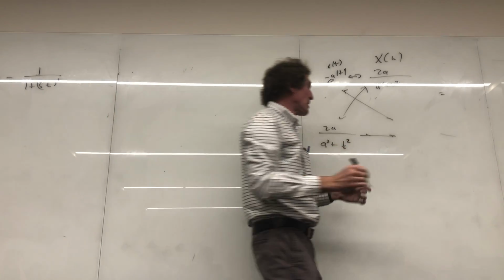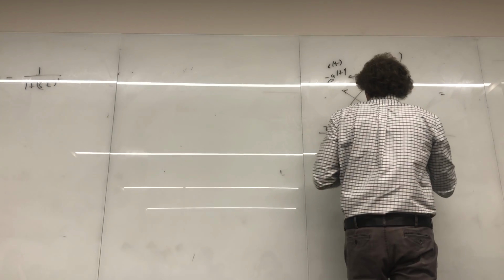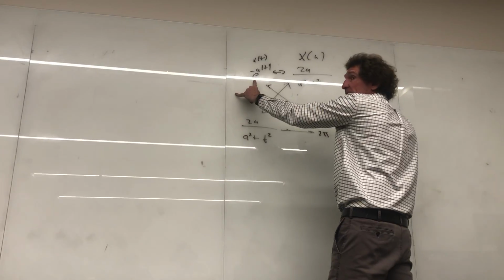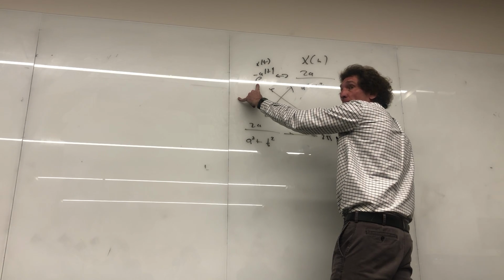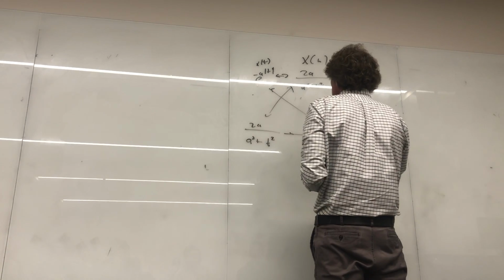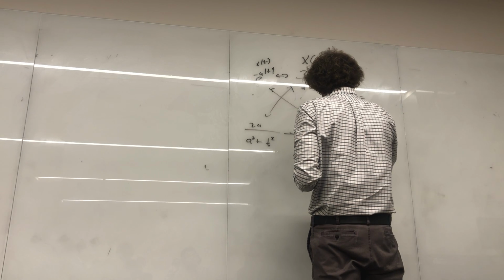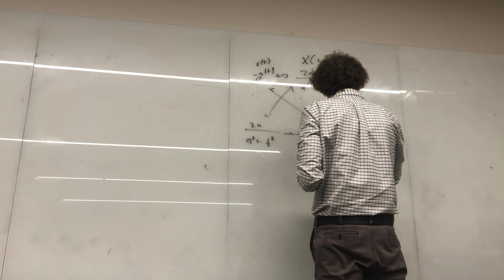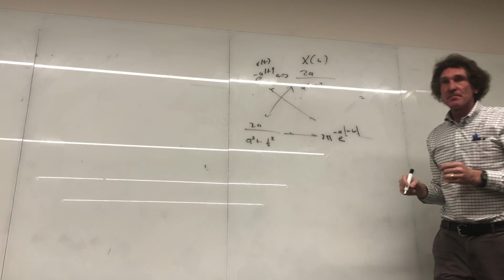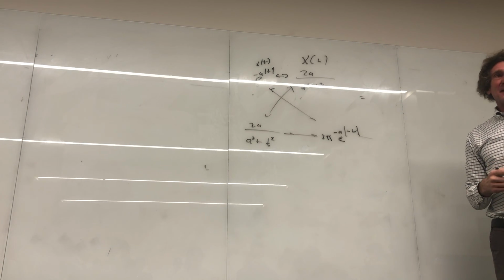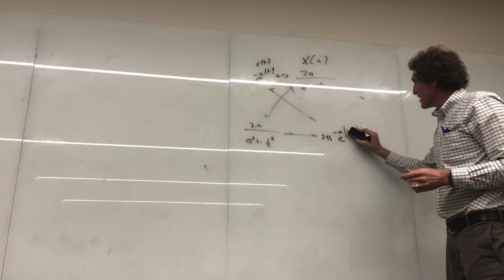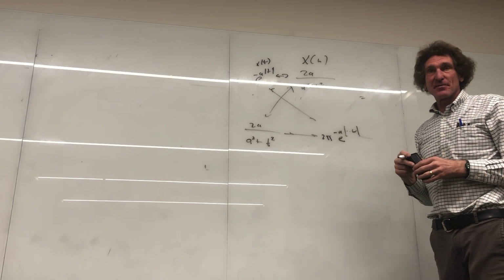Have to put the 2 pi in here. Now I take this function, which is my x of t, and I replace the t with minus omega. So it's going to be e to the minus a times magnitude of minus omega. Do you all see that? What is the magnitude of minus omega? Just put magnitude of omega. You don't have to make it ugly, right?